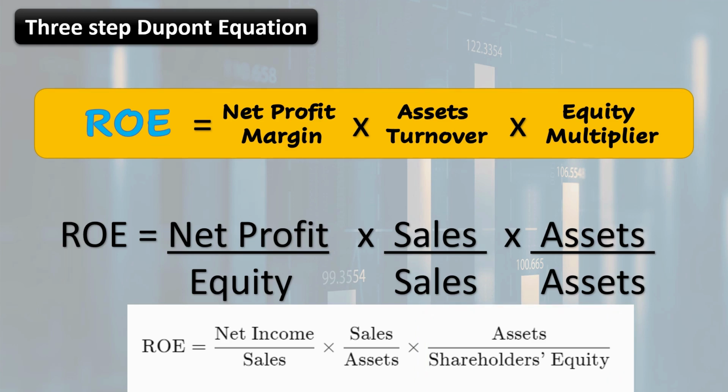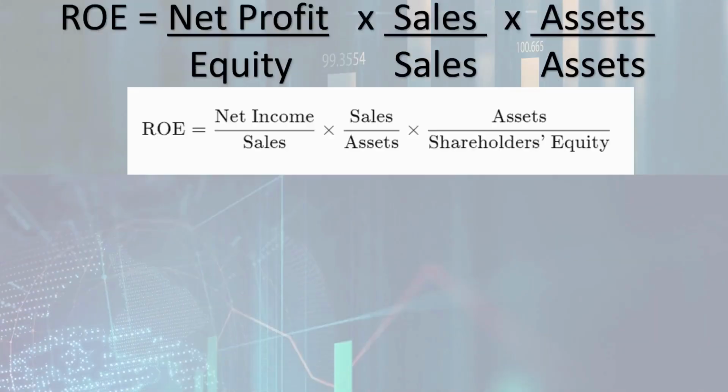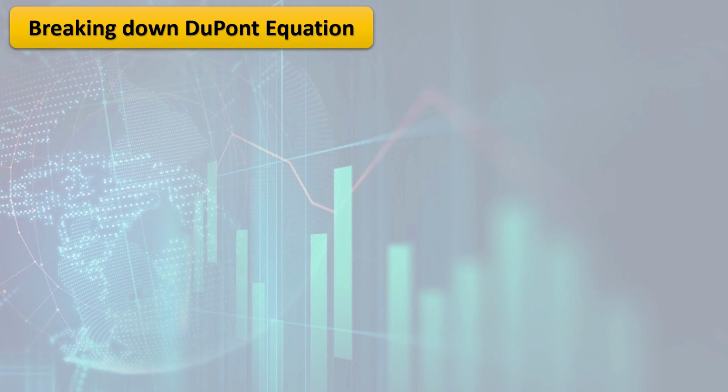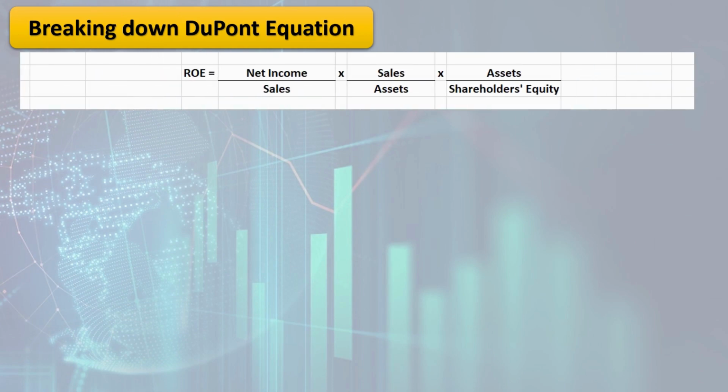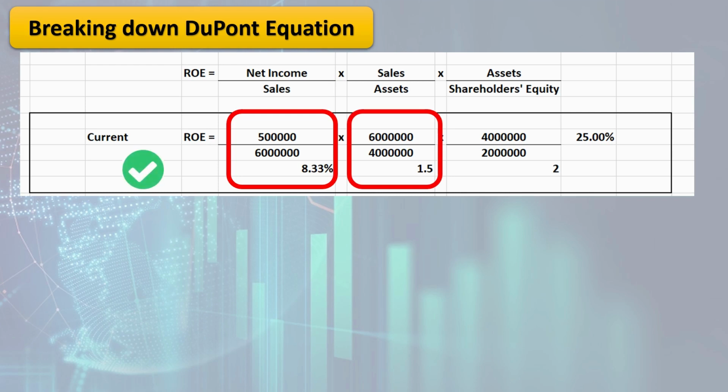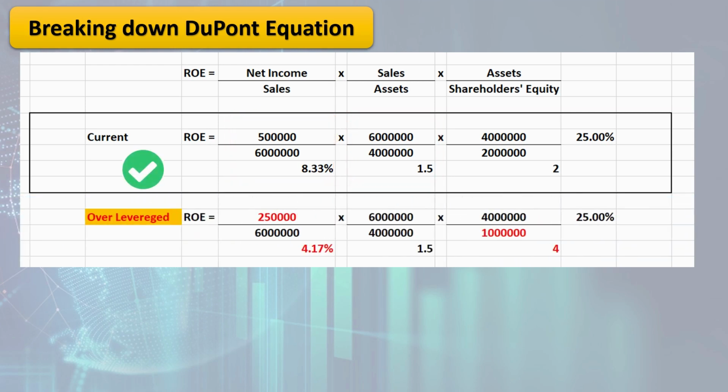If a company's return on equity goes up due to an increase in the net profit margin or assets turnover, this is a very positive sign for the company. However, if the equity multiplier is the source of the rise and the company was already appropriately leveraged, this is simply making things riskier.